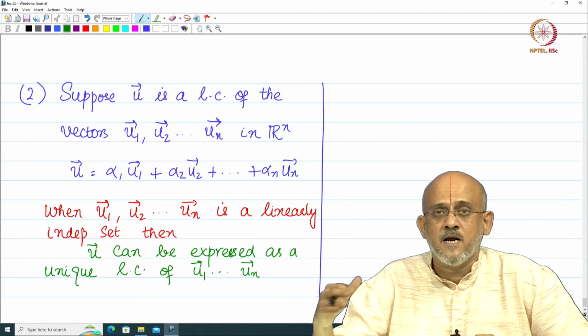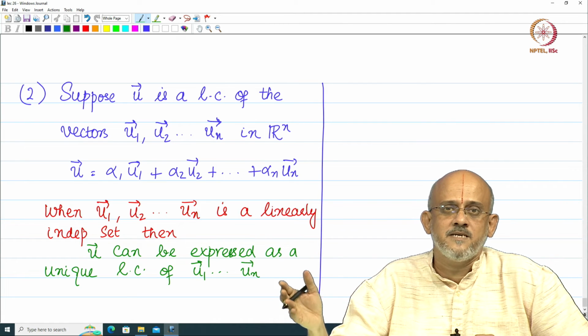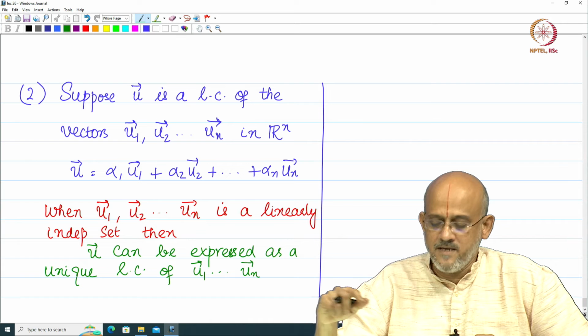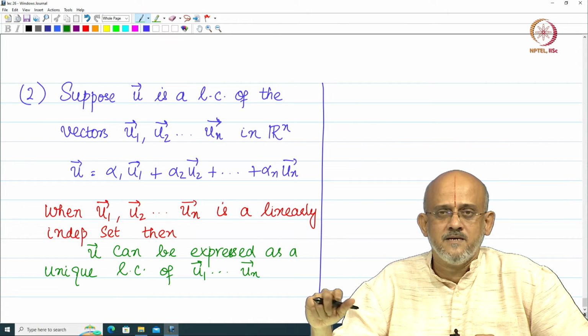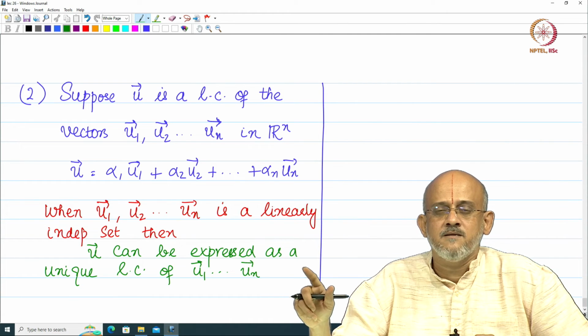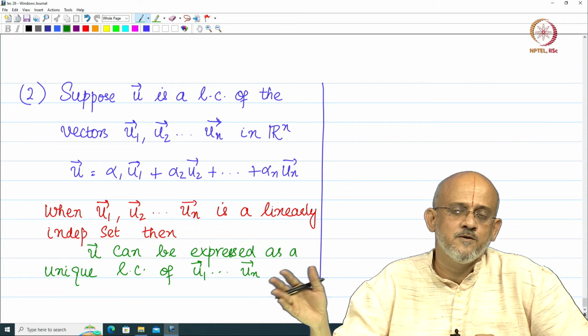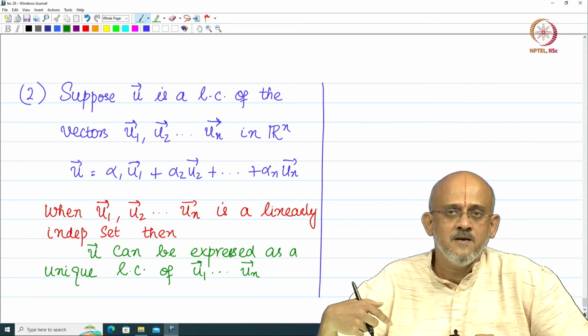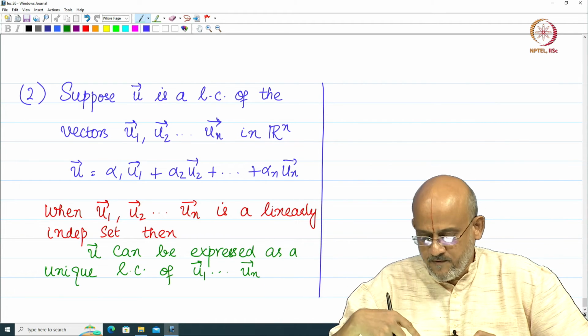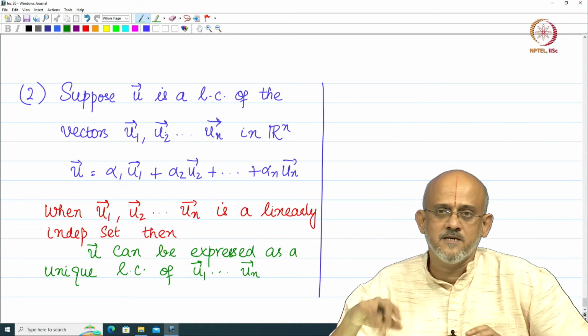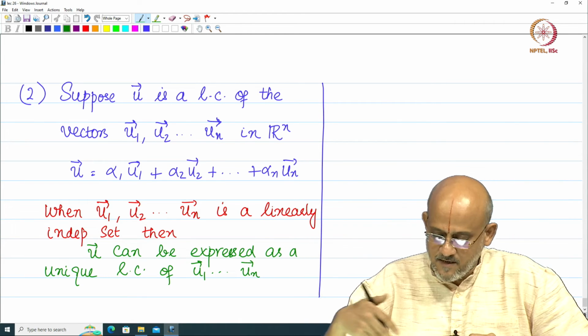There does not exist any other representation for this. That means the representation of the vector u in terms of this linearly independent set of vectors is unique, because the set of scalars that you get is a unique set of scalars. There exist no other scalars with which you can get the vector u as a linear combination of these vectors.